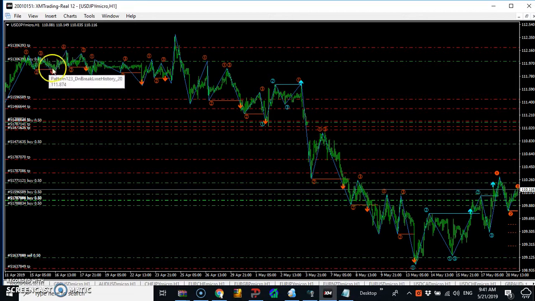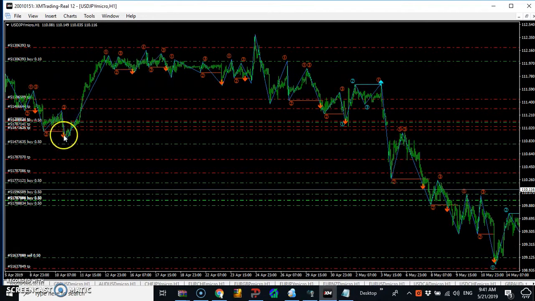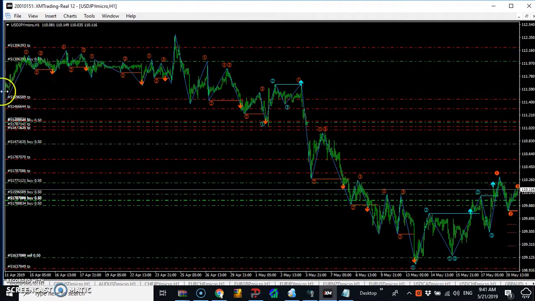Look at here, the price has gone up, and all the way from this top it is giving us a 1 2 3 pattern to make a decision to sell at 3. You see that?